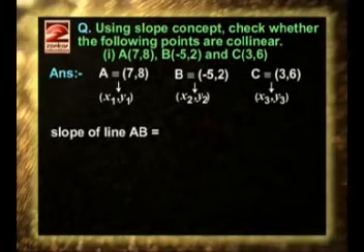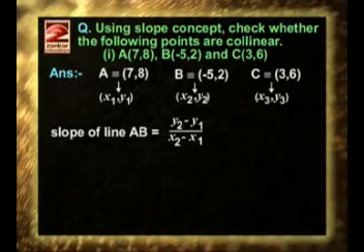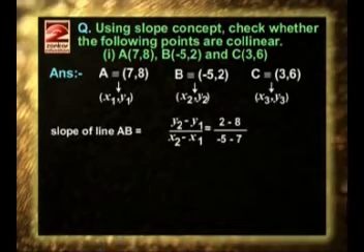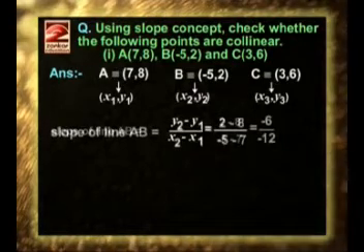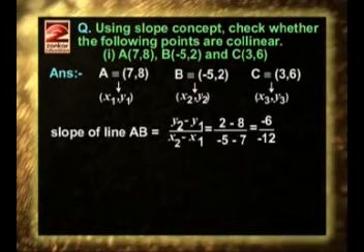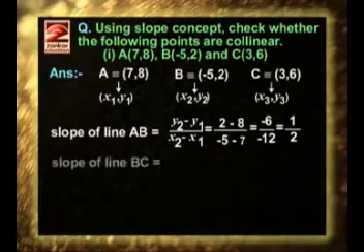Now slope of line AB is equal to (y2 minus y1) upon (x2 minus x1), that is equal to (2 minus 8) upon (minus 5 minus 7), that is equal to minus 6 upon minus 12, that is equal to 1 upon 2.